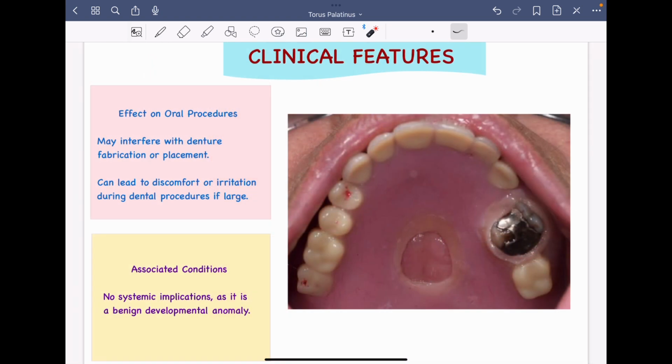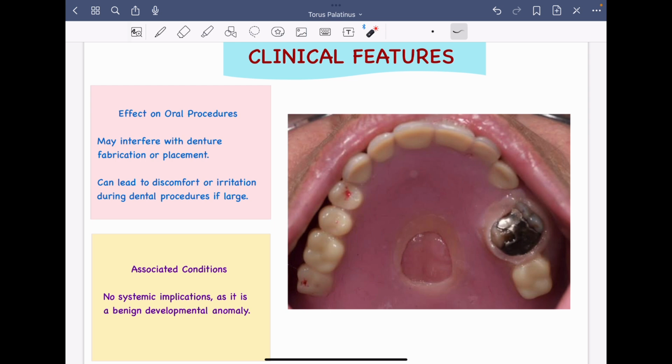As it is a bony excrescence, we have to discuss its effect on oral procedures. It may interfere with dental procedures such as denture fabrication or placement of the dentures into the oral cavity. As it is a bony projection here, you have to provide a relief area over here. Usually it is not associated with other conditions.